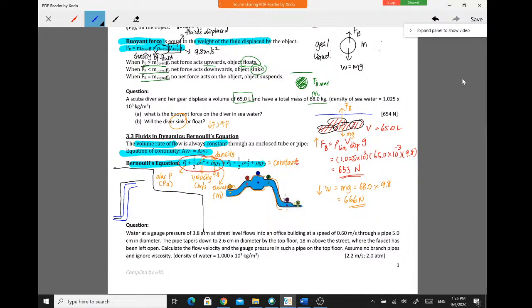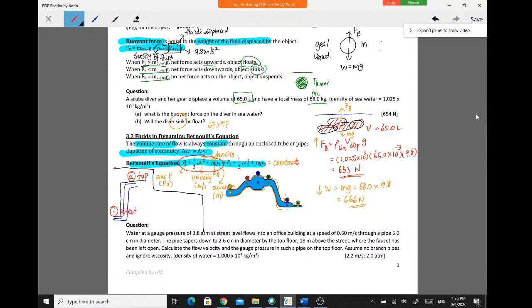So we have a pipe from street level to the top of the building. Let's label the two positions. The first position is on the street and the second position is on the top floor.